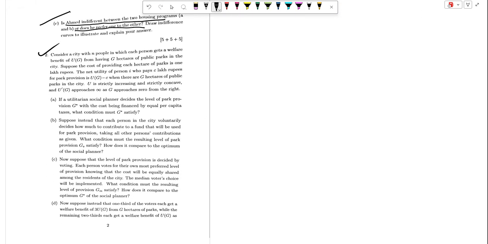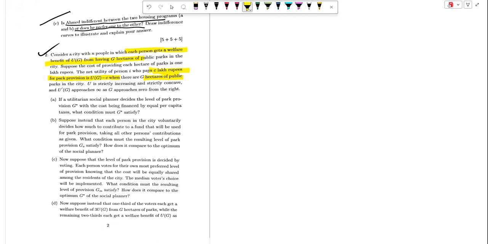So consider a city. Okay, it's a question of a city. Each person gets a welfare of U(G) from having G hectares of public parks in the city. Suppose that the cost of providing each hectare of a park is 1 lakh rupees, and the net utility of a person i who pays C lakh rupees in the provision is U(G) minus C, where G is the hectares of public parks.